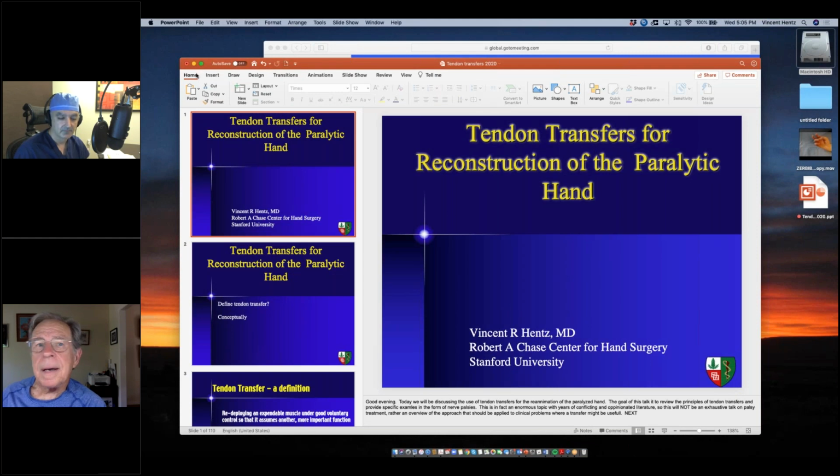Let's see if I can do this now. So there is a screen button. If you push that, you should be able to share your desktop with us. Okay, now I'm going to see if I can get to the right place.